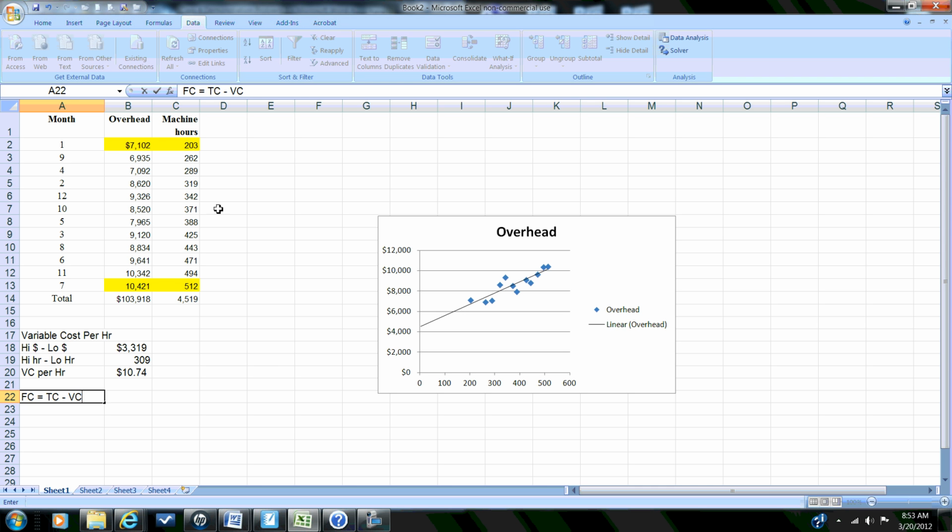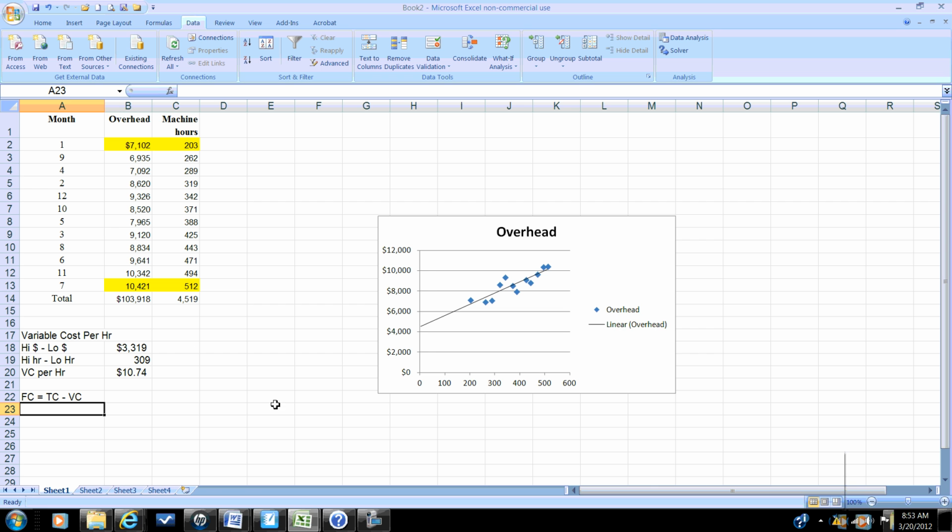So for either the high or the low, and let's work in the high, we have the high cost of 10,421. We know the number of hours, and now we have the cost per hour, so we're going to calculate the variable cost. We'll take the total cost, subtract out the total variable cost, and that will get us our fixed cost.